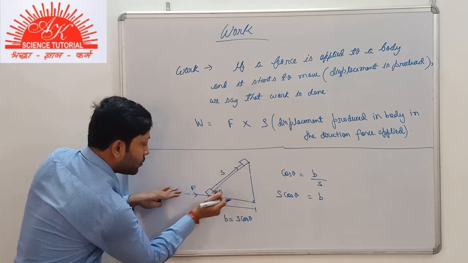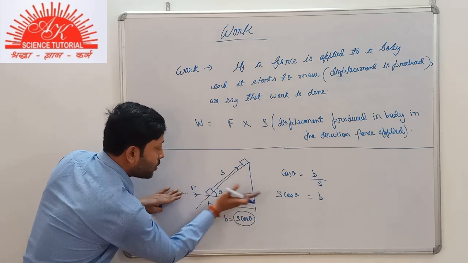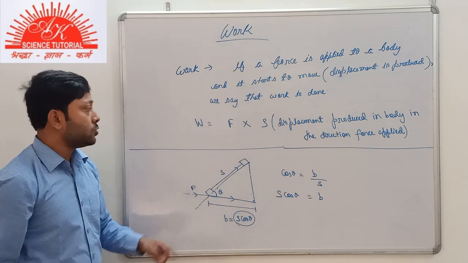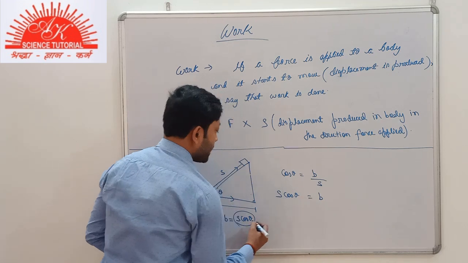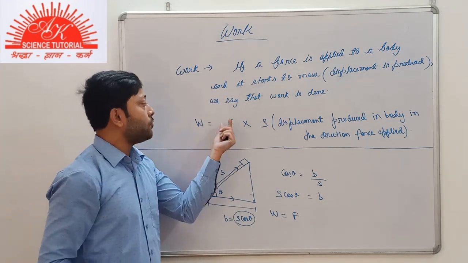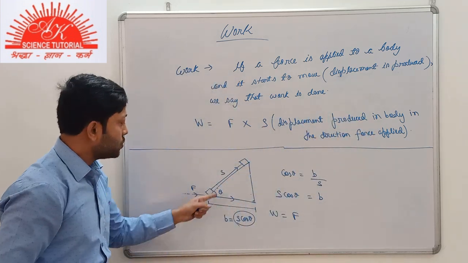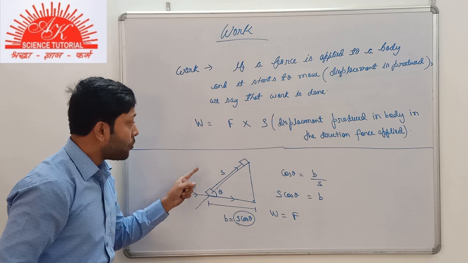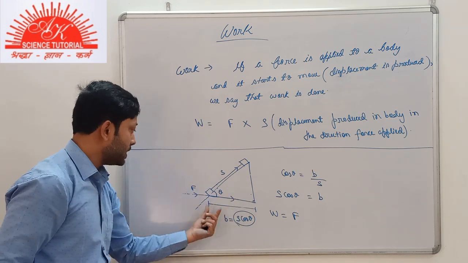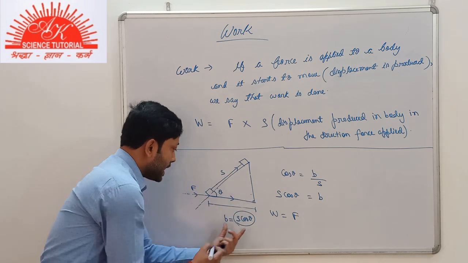This is our direction of force, and now in this condition, this s cos theta, the displacement, is also in the direction of force. So we can use our expression for work done. What is work done? It is the product of force and the displacement produced in the body in the direction of force. So we have the force over here, and the displacement produced in the direction of force is not s, it is s cos theta.